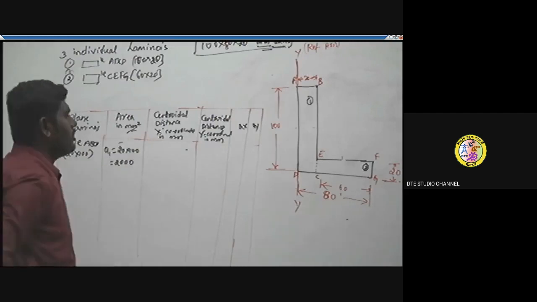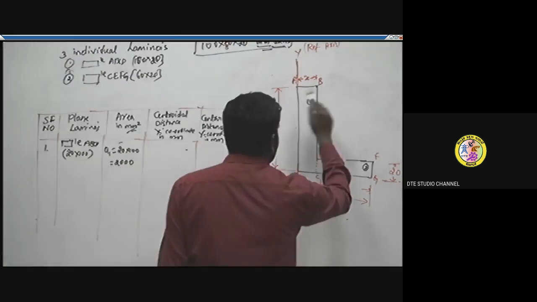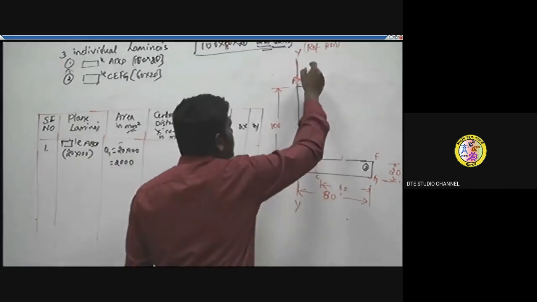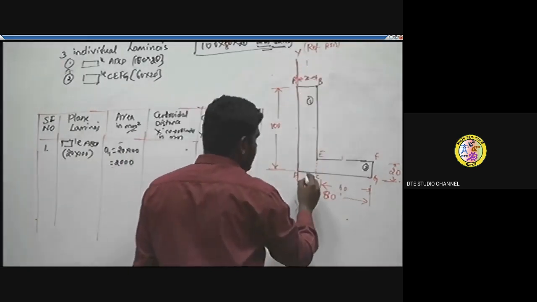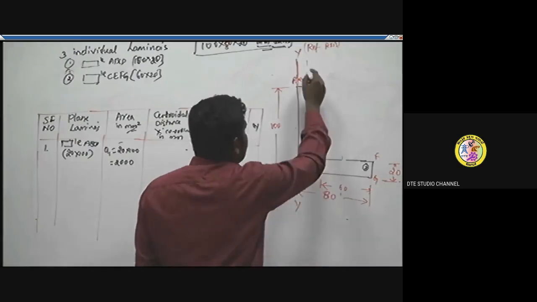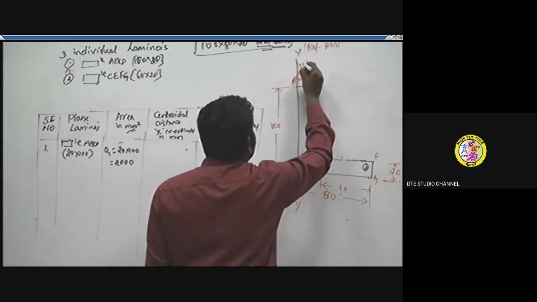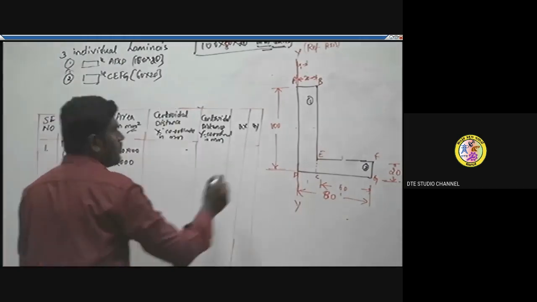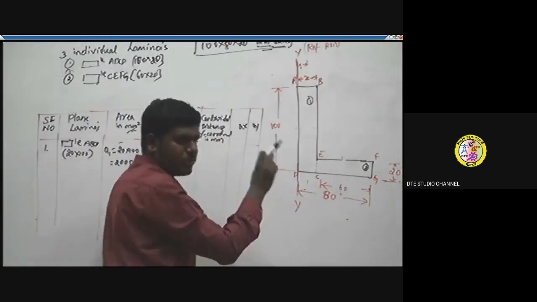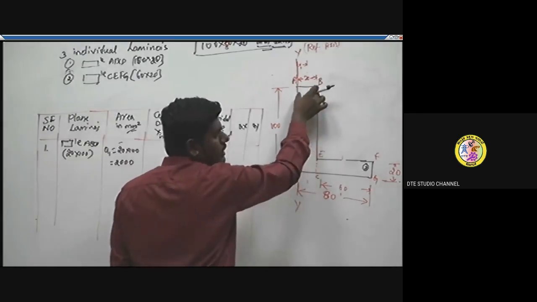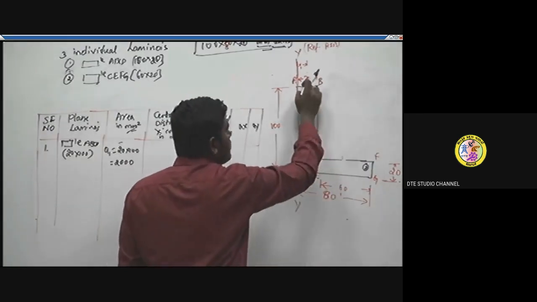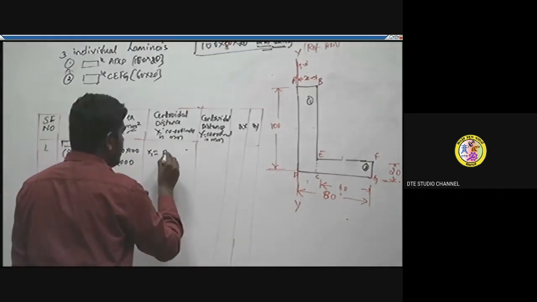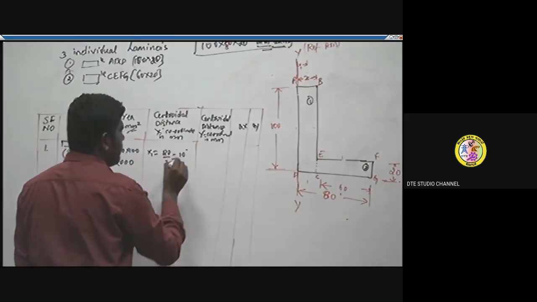Next, find the centroidal distance of this lamina about the reference axis y1. We know it will lie at half of its length. The length is 20, this is x1. The x coordinate will be half of its length in the x direction. Its length is 20, so x1 is 20 by 2, that is 10.